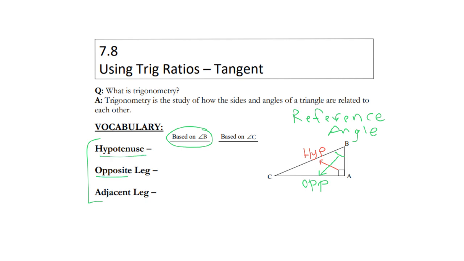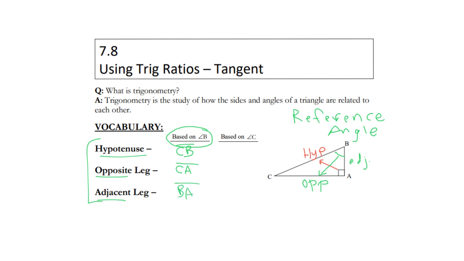We have hypotenuse and opposite, which only leaves one side to be the adjacent side. Adjacent means next to. So those are our three labels for reference angle B: the hypotenuse, the opposite side, and the adjacent side. I can name those here. Segment CB is our hypotenuse, opposite is segment CA, and adjacent is segment BA.